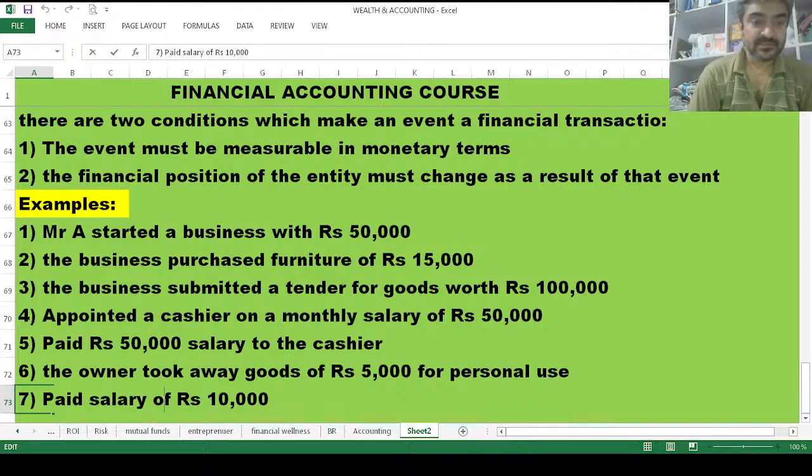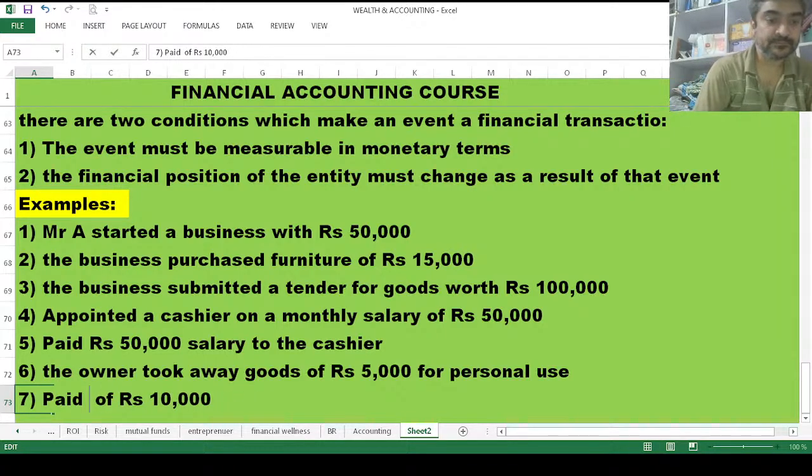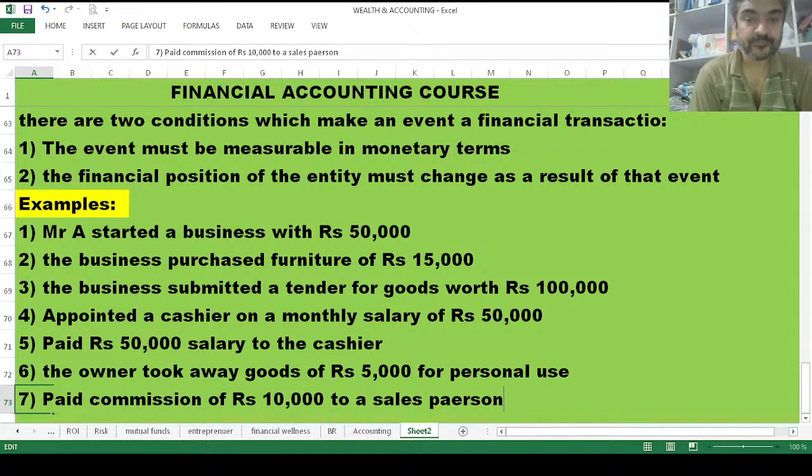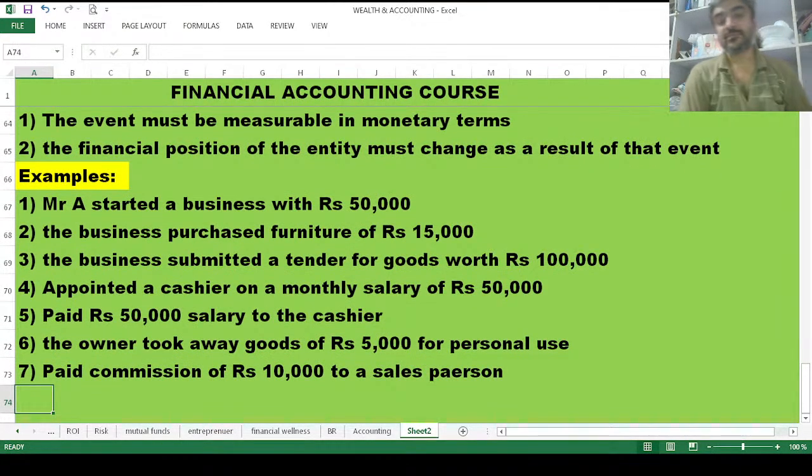It's not a salary, actually it's a commission, to a salesperson. This transaction also has a monetary aspect. It involves money, and it also changes the financial position of the business, as the rupees 10,000 goes out of the company. So it is a financial transaction.